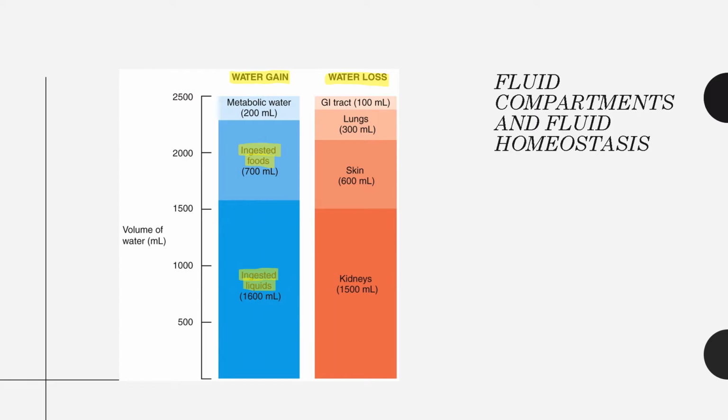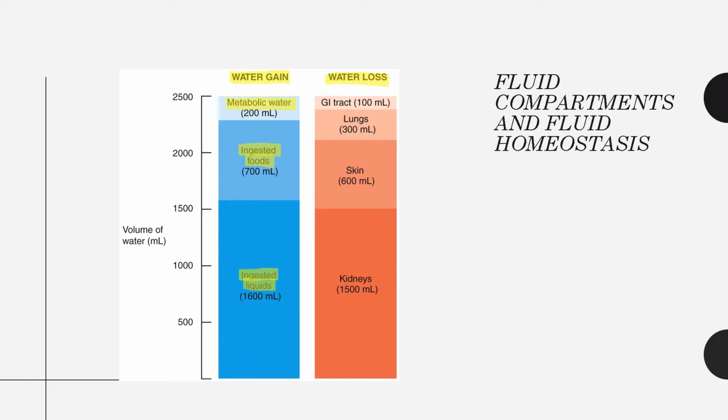Now, these two ingested waters total about 2,300 mils per day. Now, these numbers you don't specifically have to remember, it's just for interest's sake. Now, the other source of water is going to be metabolic water. Now, this is water that's produced in the body mainly when electrons are accepted by oxygen during aerobic respiration.